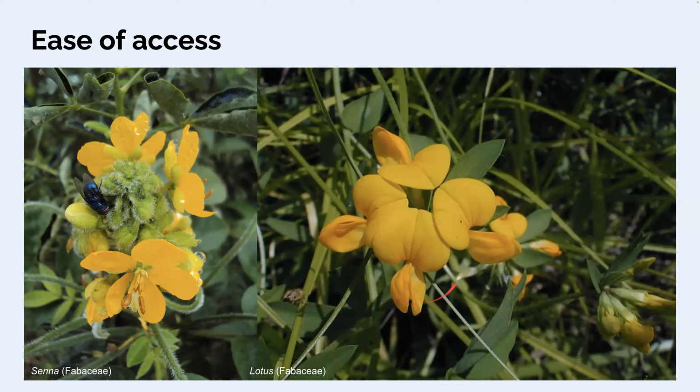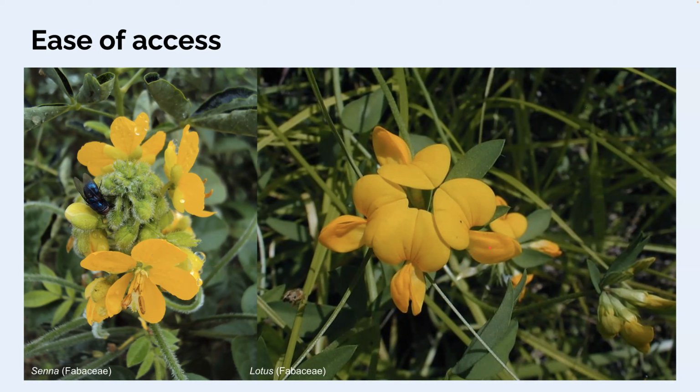And then another feature that we see in a lot of our local bean family plants is to kind of conceal the reproductive part. So inside of this structure called the keel here, inside of here is pollen and the style and stigma of the female component, but you can't see them from the outside.